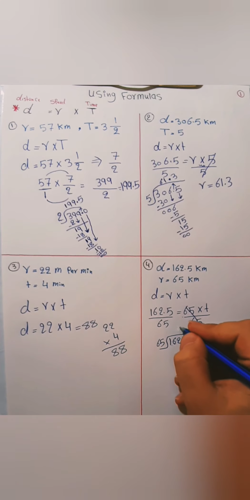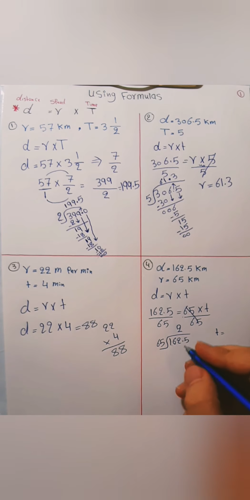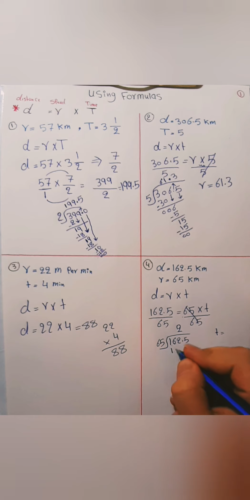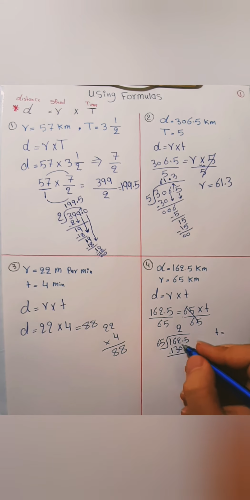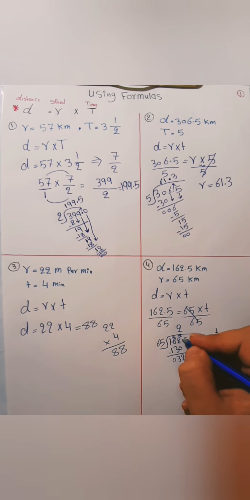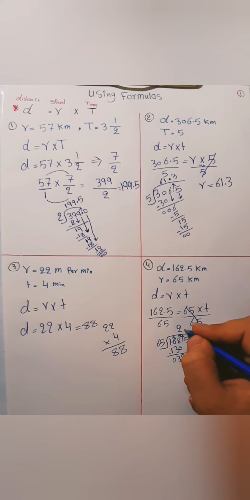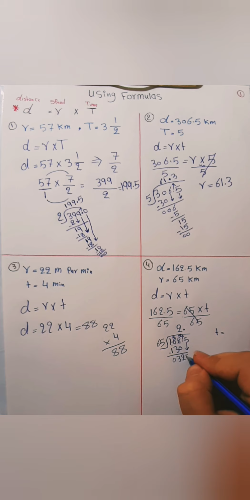We have 2. 2 times 65 equals 130. 2 becomes 12 and 6 becomes 5. 12 minus 0 equals 2. 6 minus 3 equals 3, and 1 minus 1 equals 0, and we have to write a decimal point in the quotient and bring down 5.